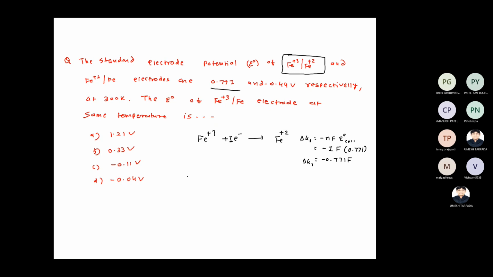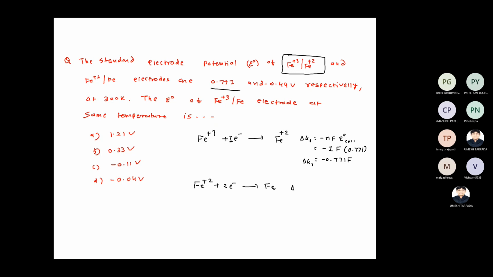The second reaction given to you is Fe plus 2 converted to Fe, where 2 electrons get abstracted and it is converted to Fe. This is also a reduction.